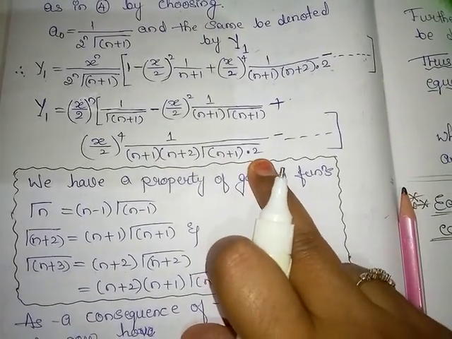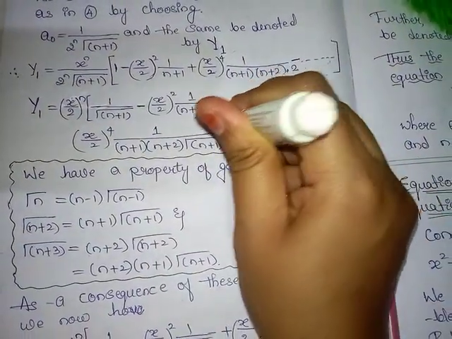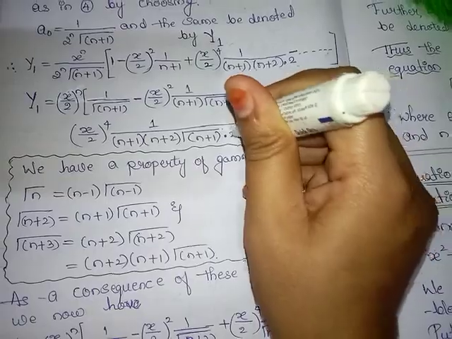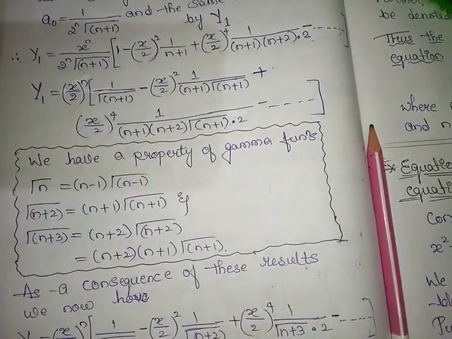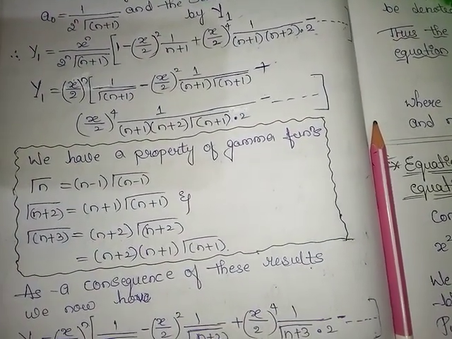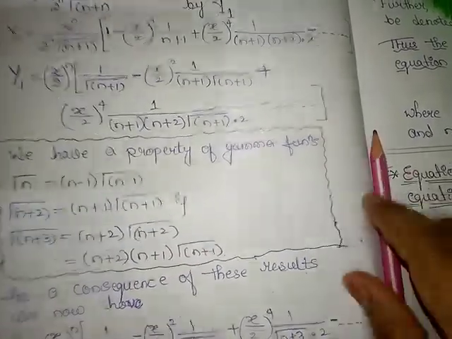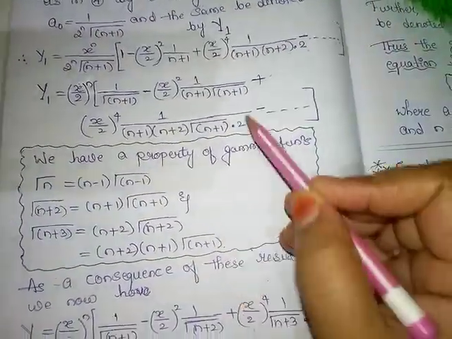Sorry, this 2 is not under gamma; only n plus 1 is in the gamma function. This 2 is outside, as it is.